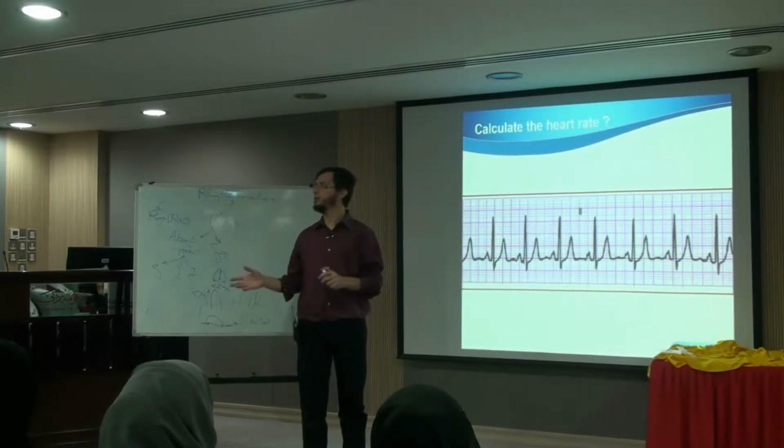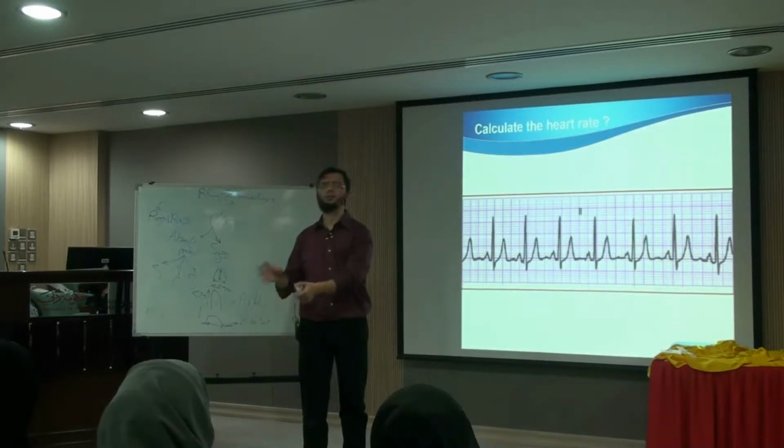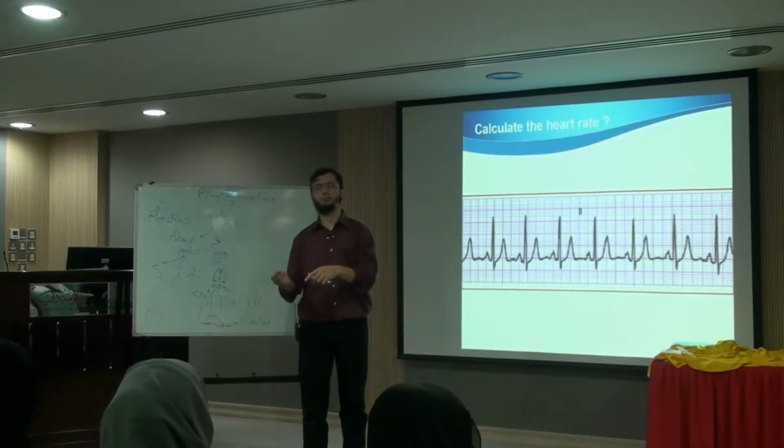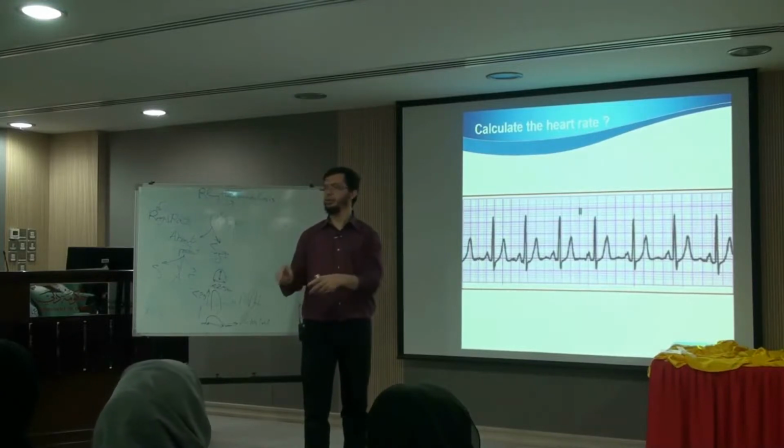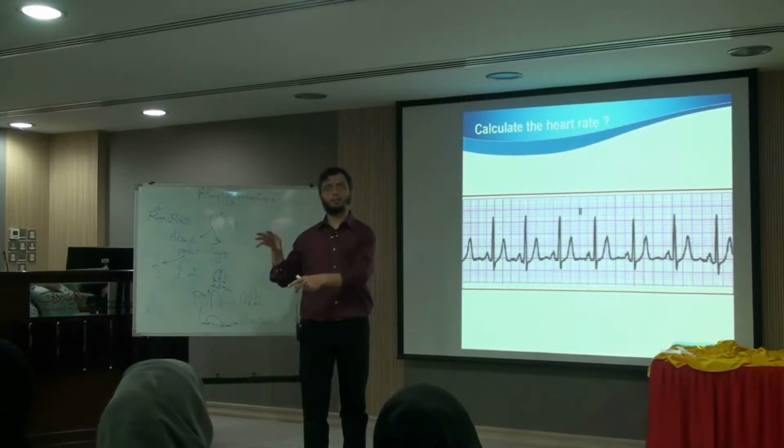Okay, what about the right side? On the right side, how much is the pressure in the right ventricle? 25, 30. So even if the patient develops some increase in the pulmonary pressure, which is chronic, not acute, if it is a chronic increase in the pressure in the right ventricle, still the right atrium can have the chance to hypertrophy.